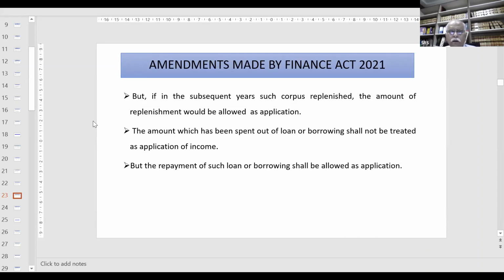But anyway, the law has now been made explicitly clear, saying that the repayment of such loan shall be allowed as application, provided again the repayment should be out of income earned in the next year. It cannot be out of a fresh borrowal. So therefore, the application of income can only be out of income, not out of the borrowal. Next slide, please.